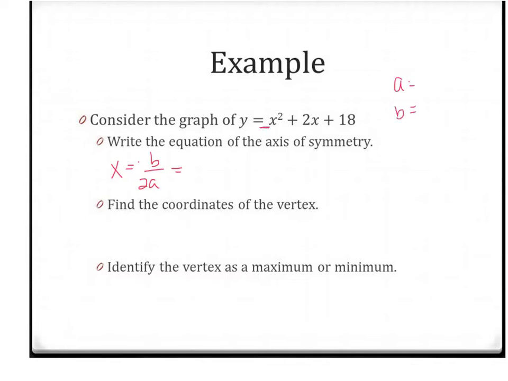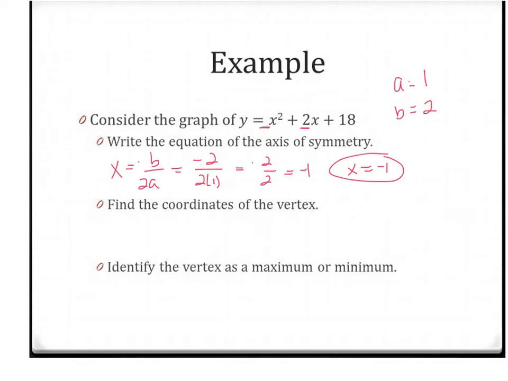It's ax squared, so there's 1x squared, and it's bx, so there's 2x. So this is going to be negative 2 over 2 times 1, which is negative 2 over 2, which is negative 1. You do always want to write your axis of symmetry with an x equals, because it is the equation of a line. So there's our equation of our axis of symmetry.